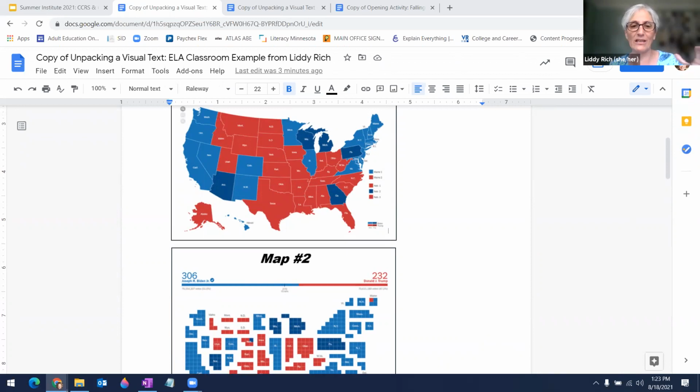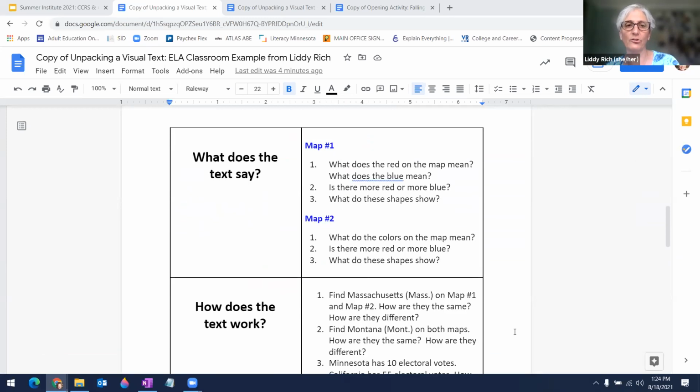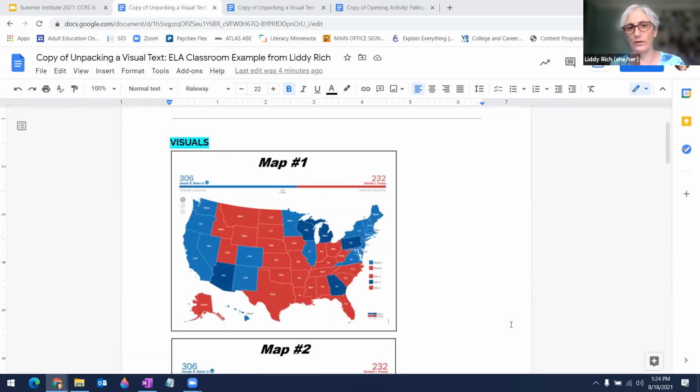And the goals are really about understanding that each state gets the number of votes based on the population, and how can we see that? So I built the questions trying to help my students find that information, to help them understand how the Electoral College works, because the other map that has all that red area is really confusing. How did Biden win if there's all of that red area in map 1? So that's where I started.